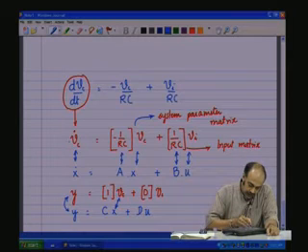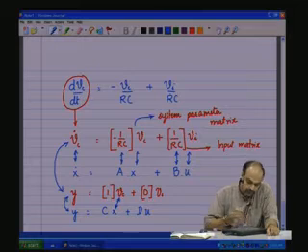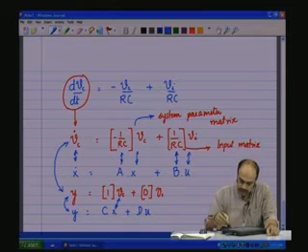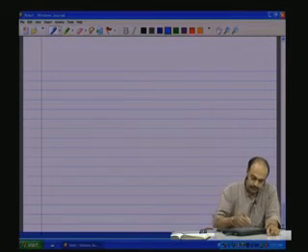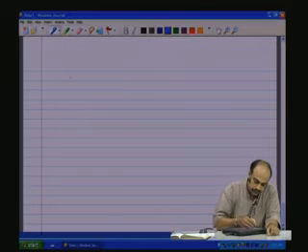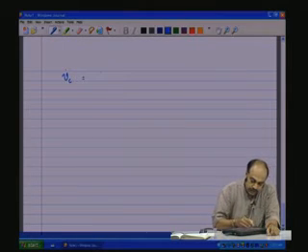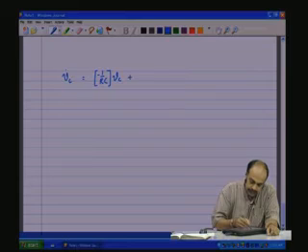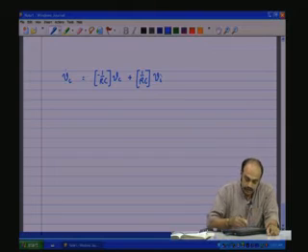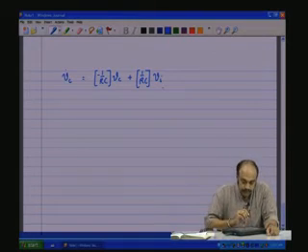Now, these two equations together form the state equations. So, therefore, Vc dot equals minus 1 by RC into Vc plus 1 by RC into Vi, that is one equation.